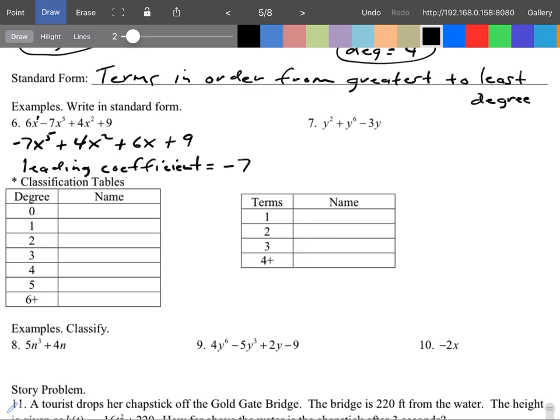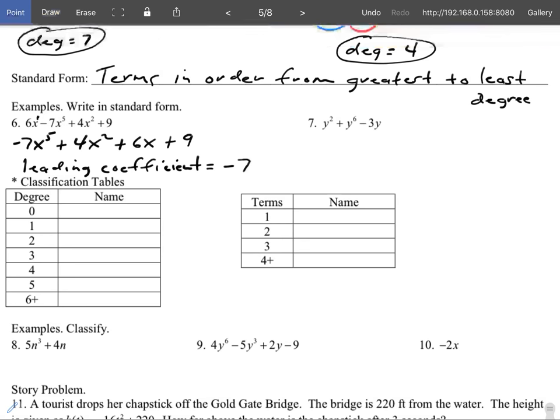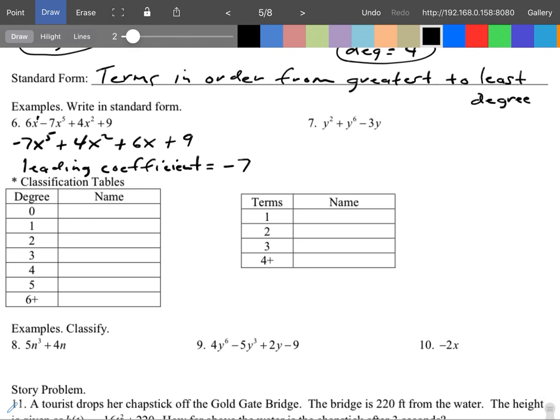Well, let's write number 7 in standard form. So my highest power term would be y to the 6th. So my highest power term is this one right here. That's degree 6. So we're going to write that one first. So that's a positive y to the 6th. And then my next highest power term would be, that's a positive y squared.